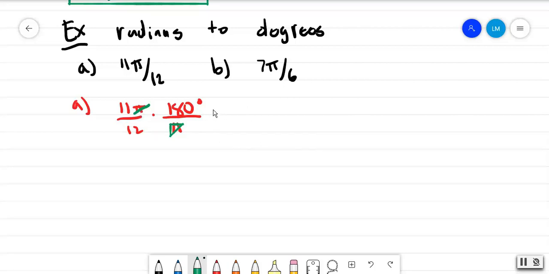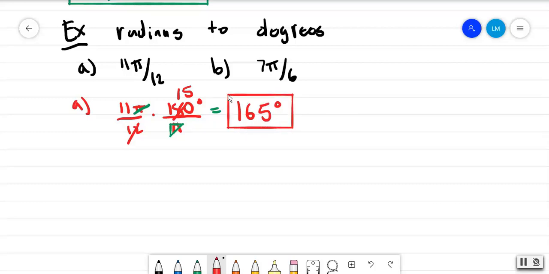So again, just to recap, the 12 did cancel out into 15, and that's why it's going to equal 165 degrees.